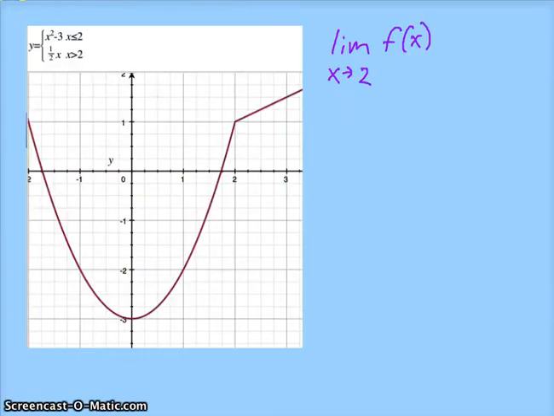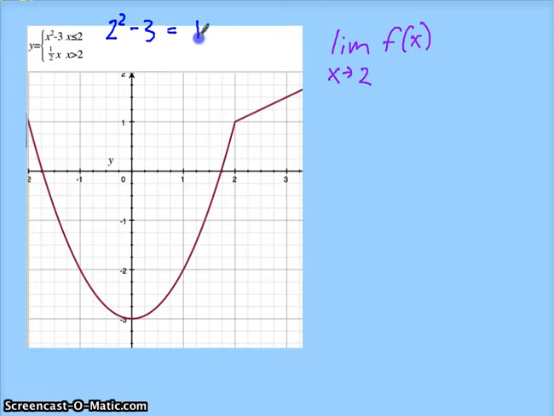While piecewise functions may look a little crazy, they're actually, I think, a little easier to work with. If we're trying to find the limit of this piecewise function as x approaches 2, notice that's the junction where the functions change. So coming from the left, I will be using this function, and I can see that when I substitute 2, of course the limit exists here, right?